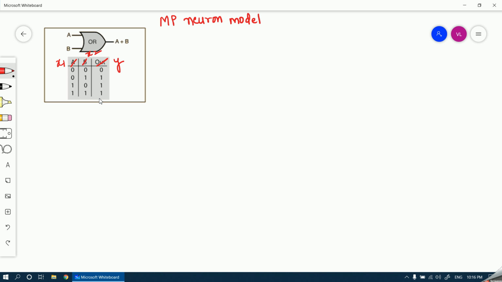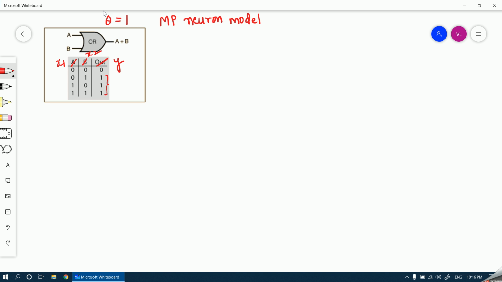When both inputs are 0, the output is 0, which indicates that the neuron doesn't fire. So from this table, we can infer that the value of theta, which is the threshold, is equal to 1 for the OR gate, as when one of the inputs is 1, the neuron fires.